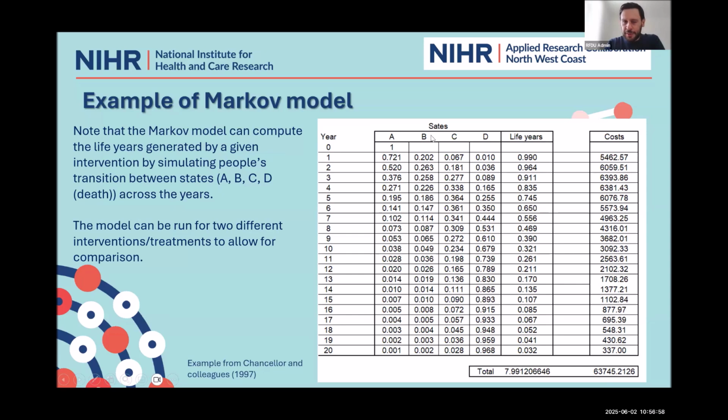In this particular example, we have more than 3 states. You can think of A as the asymptomatic state, B as the mild severity state, C as the high severity state, let's say, and D as the death state.